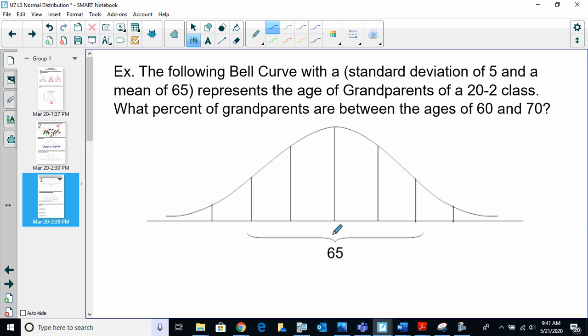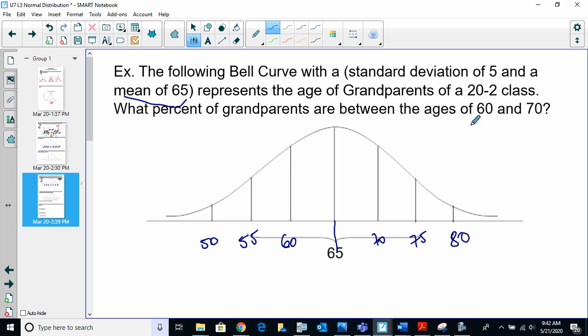If the mean is 65 and the standard deviation is 5, that means the line to the right of your mean will be 65 plus 5, which is 70, and here we'll have 75, and here 80. On the left side, mean minus the standard deviation, we will have 60, 55, and 50.